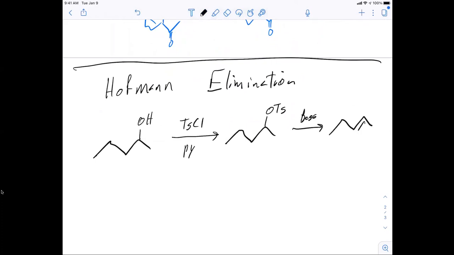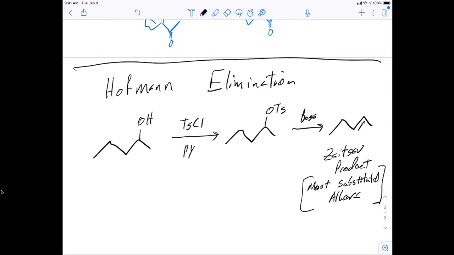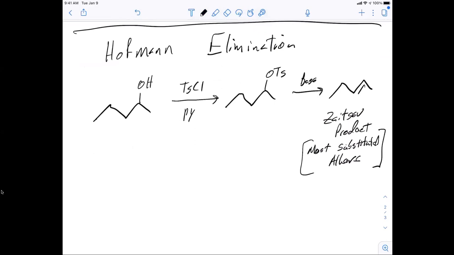And that base is going to eliminate, right? And this is going to give me a Zaitsev product, right? Which is the most substituted. So we've seen that. This is review, right? This is nothing new.